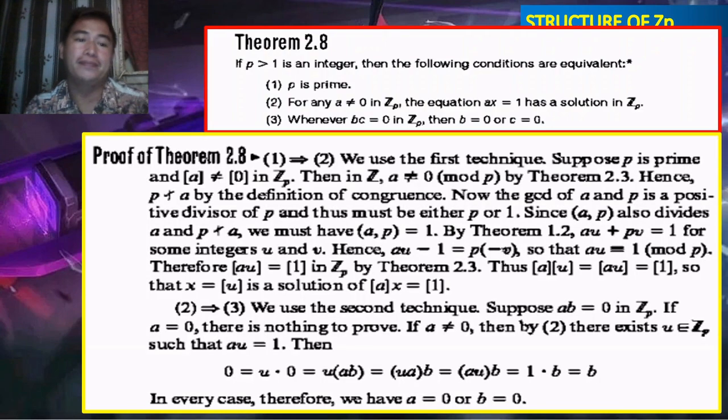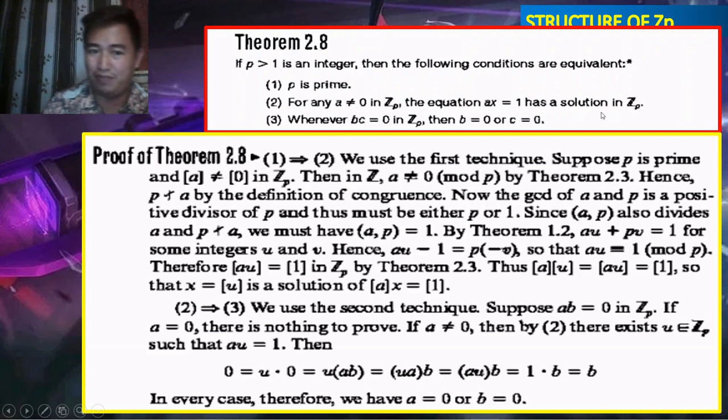Theorem 2.8, 1 implies 2. We use the first technique, so modulo and brackets are used. Suppose p is prime. We need to show that for any a not equal to 0 in Zp, the equation ax equals 1 has a solution in Zp.